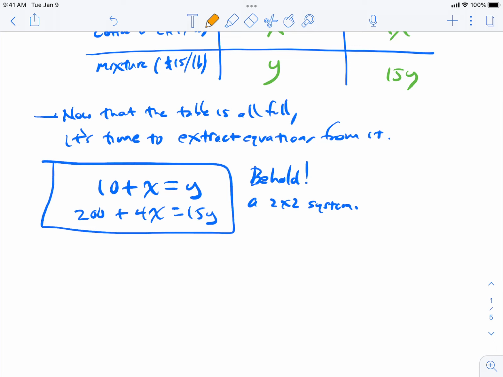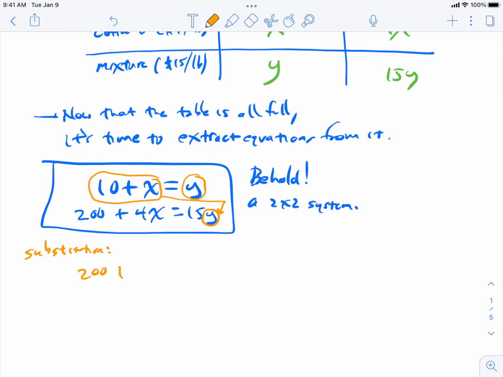You want to use substitution or do you want to use addition? It's your choice, really. I'm going to use substitution, though, just because I think it's begging for it. See how this equation says y is the same as 10 plus x? So what I'll do is I'll take this y and I'll replace it with the 10 plus x.